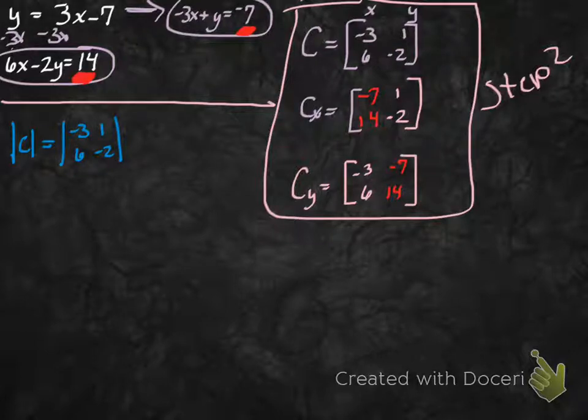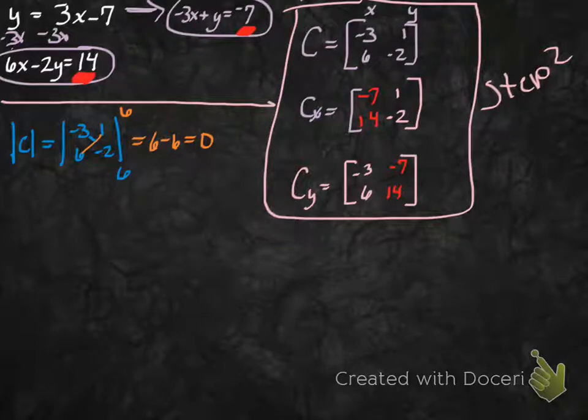So when I do my downs, which in this case is 6, minus my ups, which is 6, 6 minus 6 becomes 0.